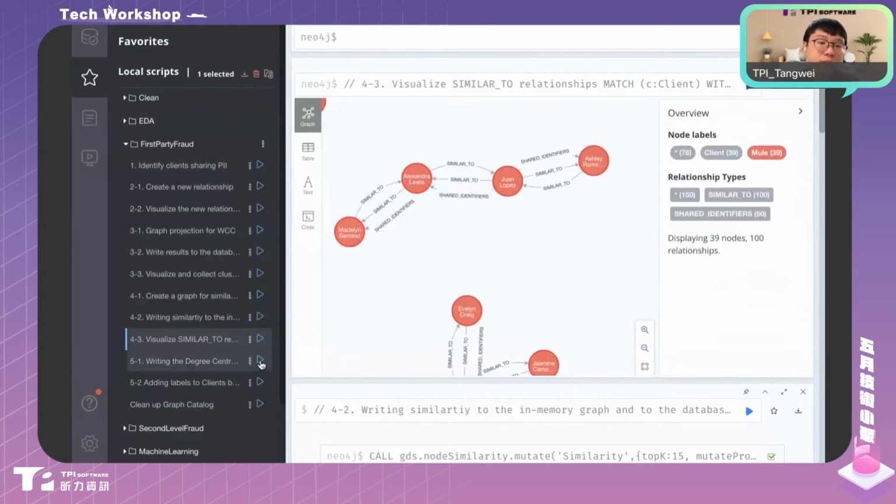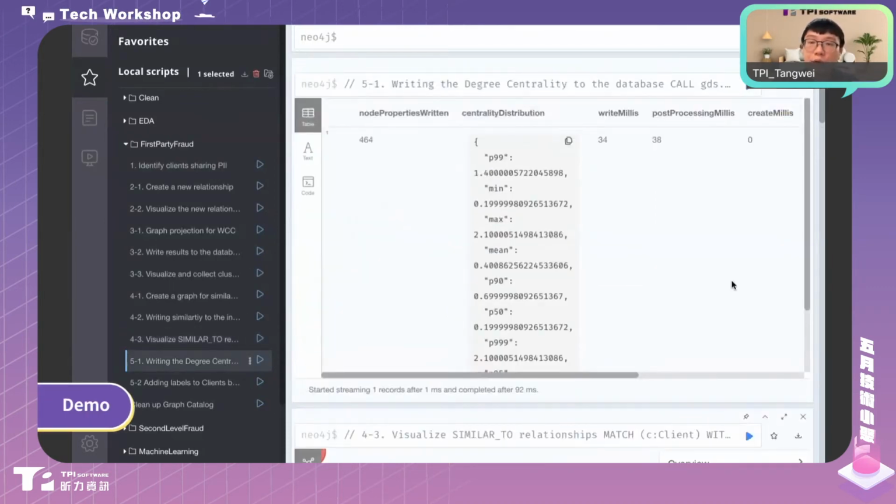Okay. And then we will do the first party fraud scores. So in this step, we will compute and assign the first party fraud score to the kinase in the cluster identified in the previous step, based on the similar to relationship weighted by the Jaccard score. We can see that in the previous step, maybe one Jaccard score is 0.2.